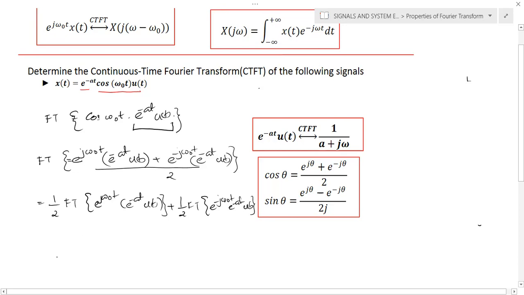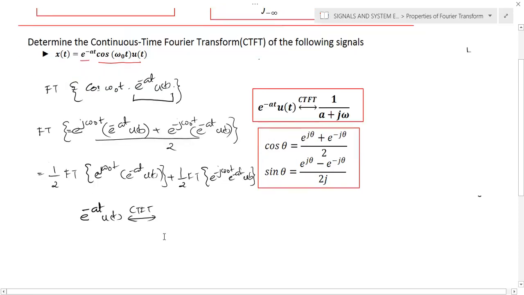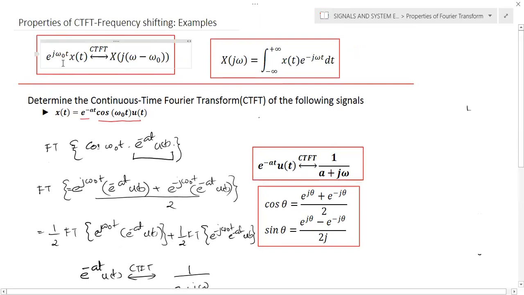So from the standard result, we know that the continuous time Fourier transform of the signal e raised to minus at into u of t is given by the relation 1 by a plus j omega. And if you want to find out the Fourier transform of e raised to j omega 0 t into x of t, then it's simply the shifted version of the original transform.